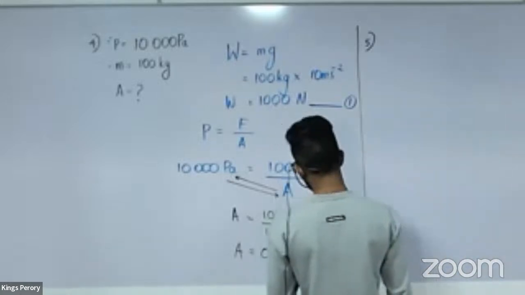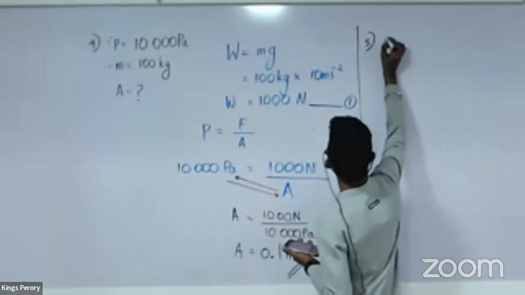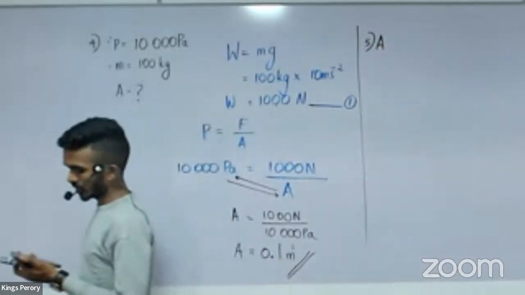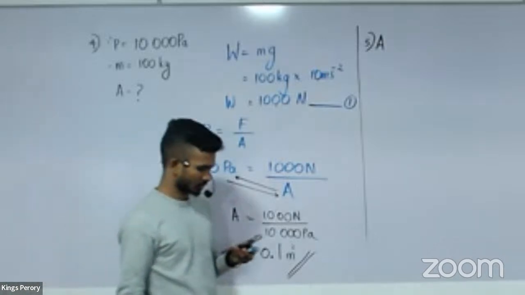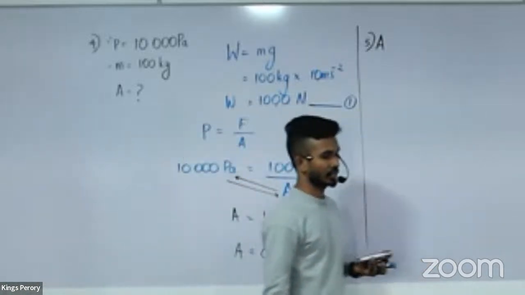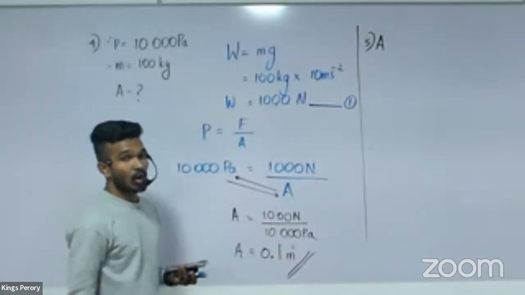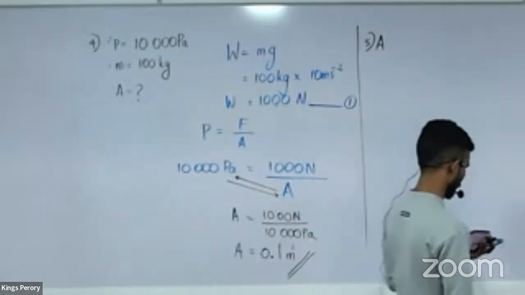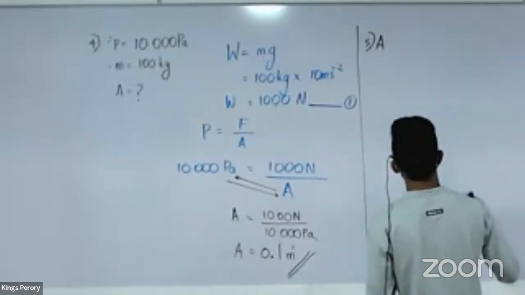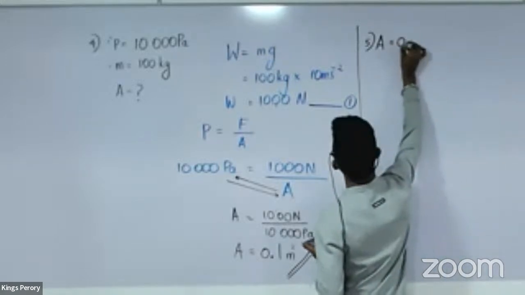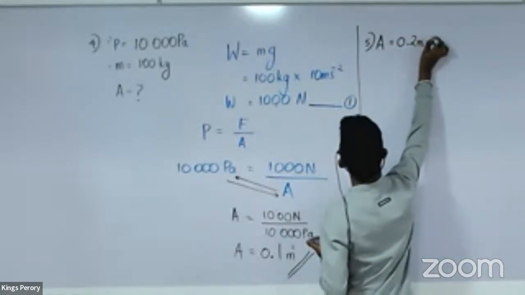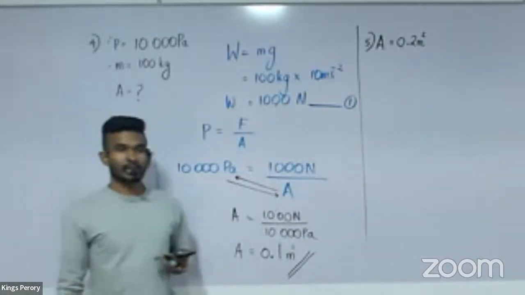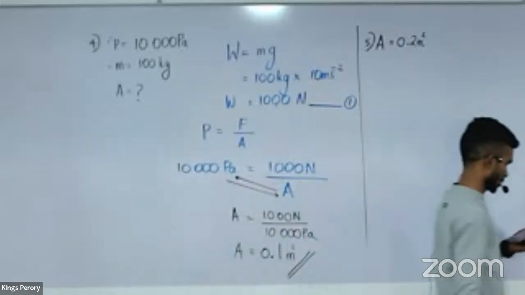And the contact surface area of each tire is 0.2 meter squared.